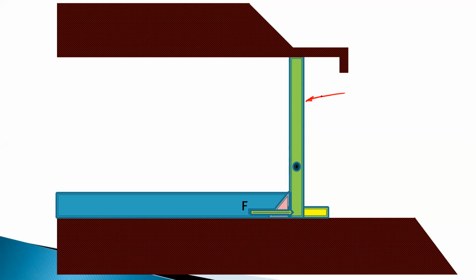So this is the gate. Then this is the water level, or you can say it is the initial water level. Okay. This is the pivot point. So pivot point means what? This gate can rotate about this point.